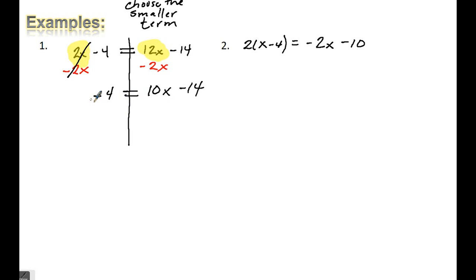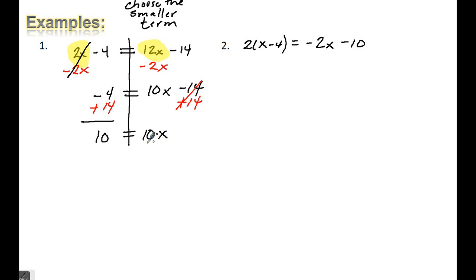Now to solve for x, we need to move the 14 over, so we add 14 on both sides. The negative 14 and the positive 14 are going to cancel. Negative 4 plus 14 gives us a value of 10, and that equals 10x.